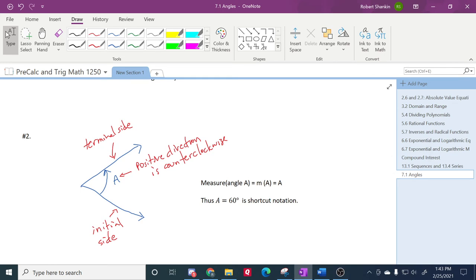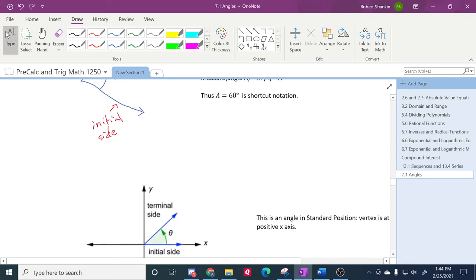Go to the announcements in Canvas and go down to the very first one. It tells you about downloading Microsoft Office and using OneNote, and then it gives you a link. You click on that link, and then you have access to all my notes. Okay, that's going to make my life easier. Thank you so much. You're welcome.